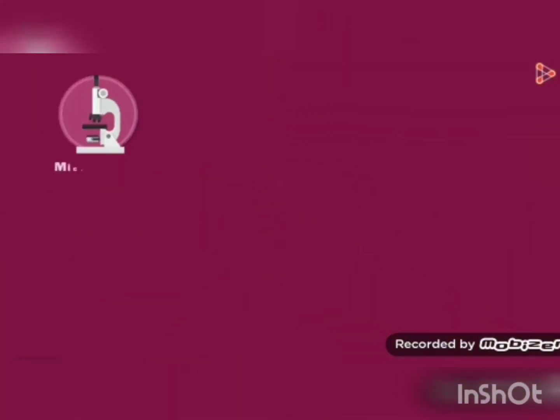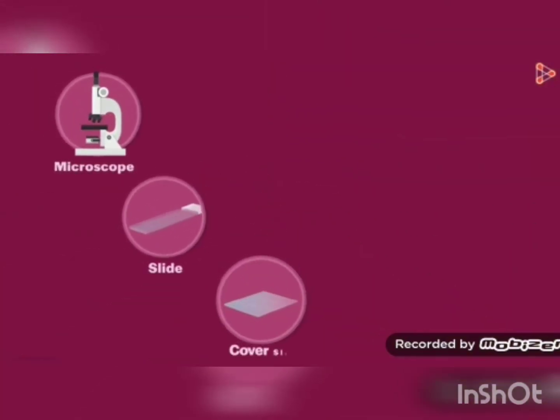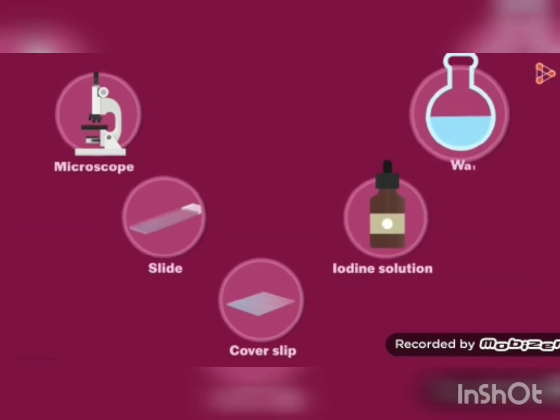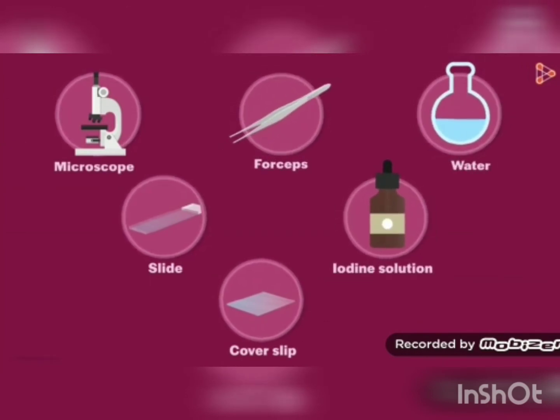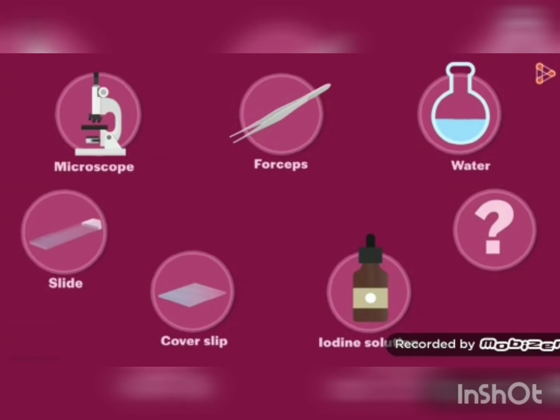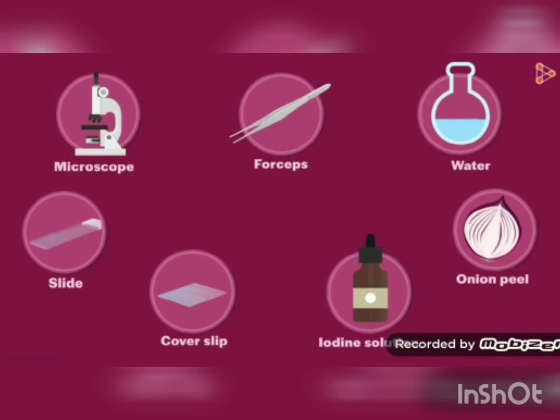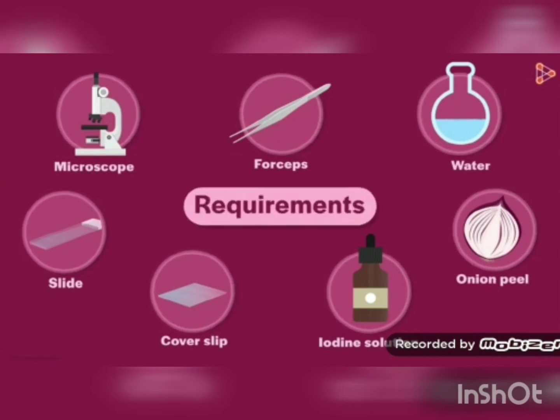We will need a microscope, a slide, a cover slip, iodine solution, water, and forceps. Anything else we're left with? Well, the most important of all is the specimen, that is an onion peel.